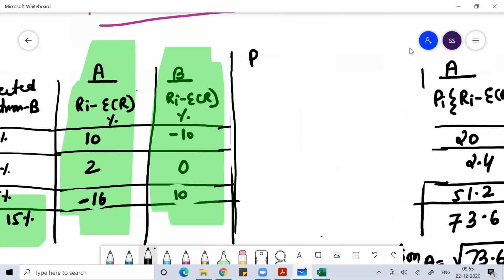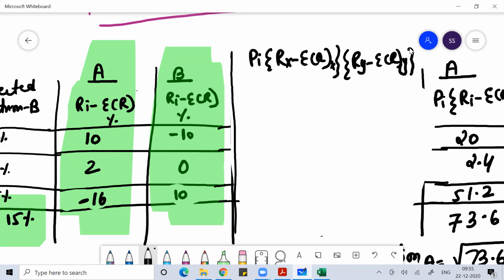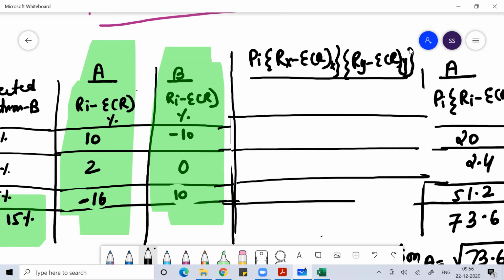Multiply Pi into Rx minus E(Rx), Ry minus E(Ry). So I'm multiplying them.